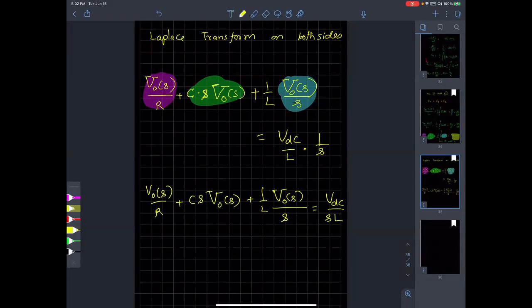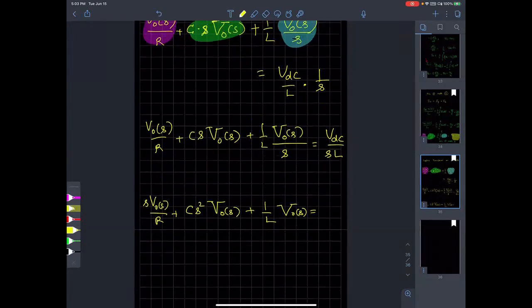I multiply both sides by S. I get S times V of S over R plus C S squared V of S plus 1 over L V of S equals VDC over S squared L in the S domain.